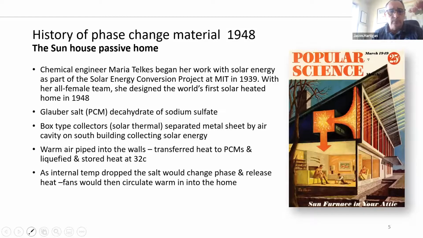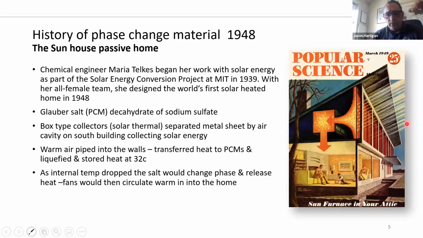So, as I mentioned before, Maria Telkis began her work with solar energy as part of the conversion project at MIT. And she took an all-female team and designed the world's first solar heated home in 1948, using globosols, which is a phase change material, sodium sulfate. So this little schematic, what you're looking at is basically these box collectors, which is a solar thermal collectors.